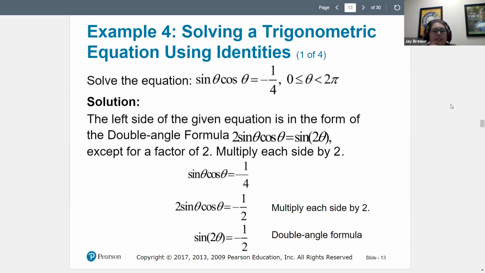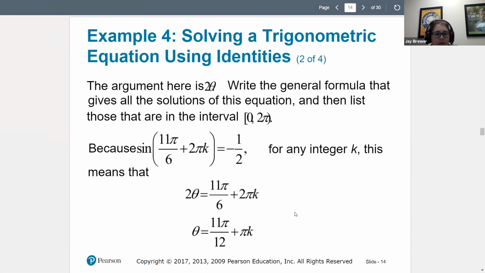So what you can notice is that sine theta cosine theta is nearly the sine of 2 theta. The only thing it's missing is the factor of 2. So we're going to multiply both sides by 2, and then you end up getting sine 2 theta equals -1/2.